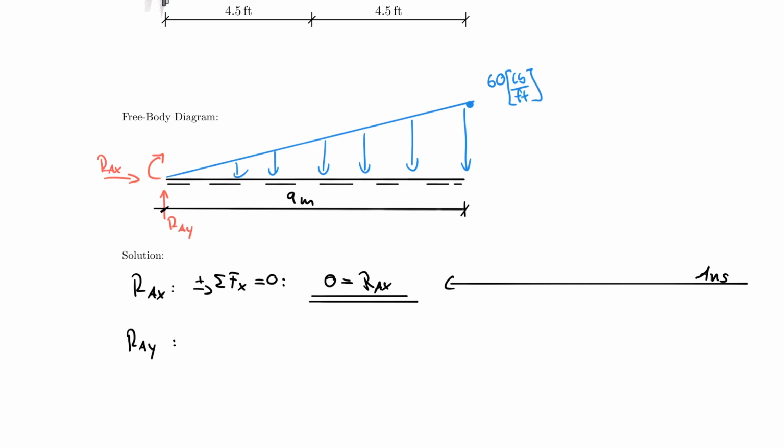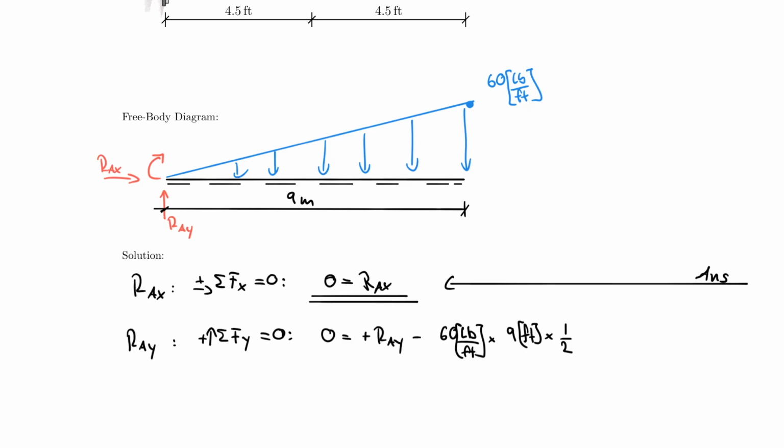Now, RAY becomes a little bit more interesting. I do that by the sum of the forces in the y direction being equal to 0, upwards positive, and 0 is equal to plus RAY minus 60 pounds per foot multiplied by 9 feet multiplied by 1/2.